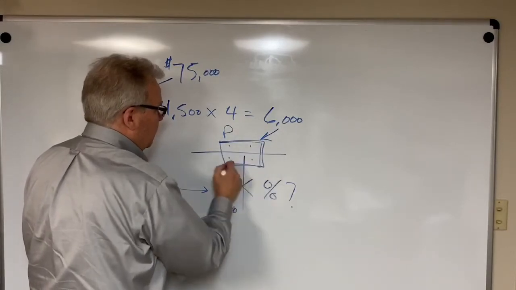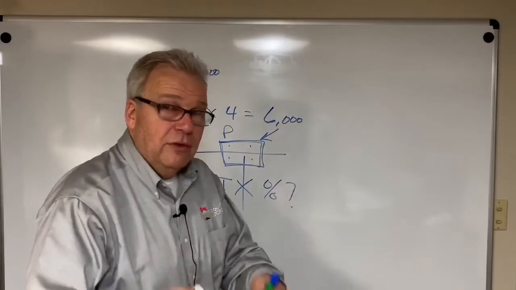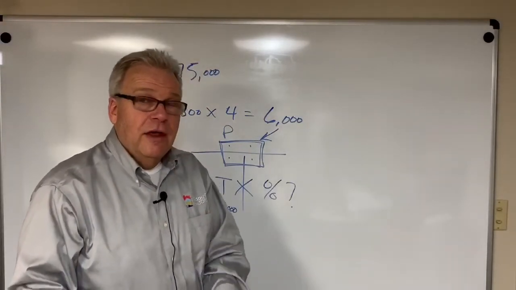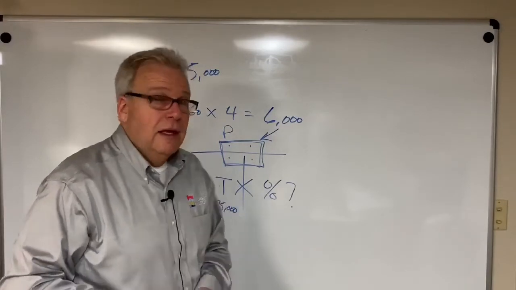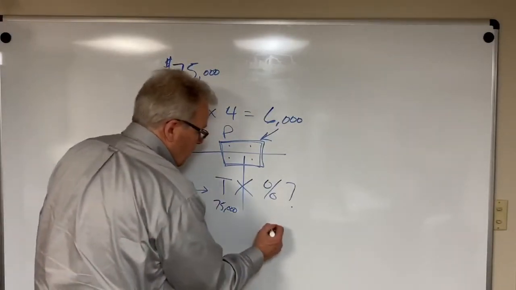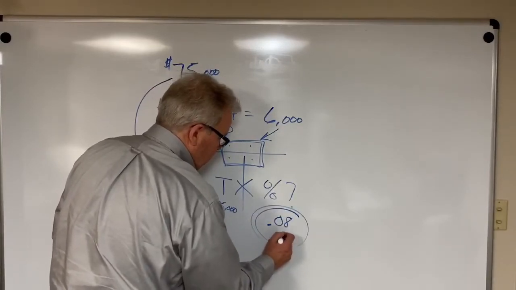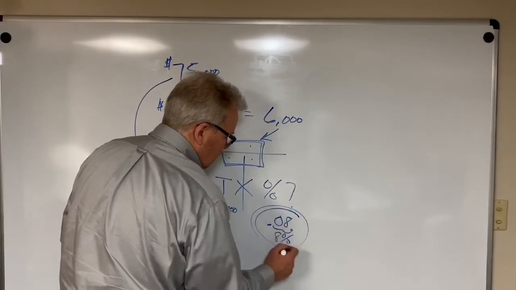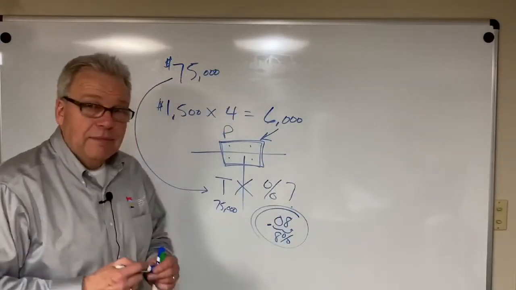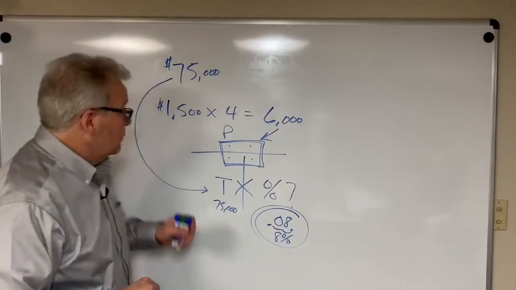Our math says divide. John says you always start with the top number. When you take $6,000 divided by $75,000, you get 0.08, or 8%, because you would move that decimal over 2 places. So 8% is the interest rate on that specific loan.